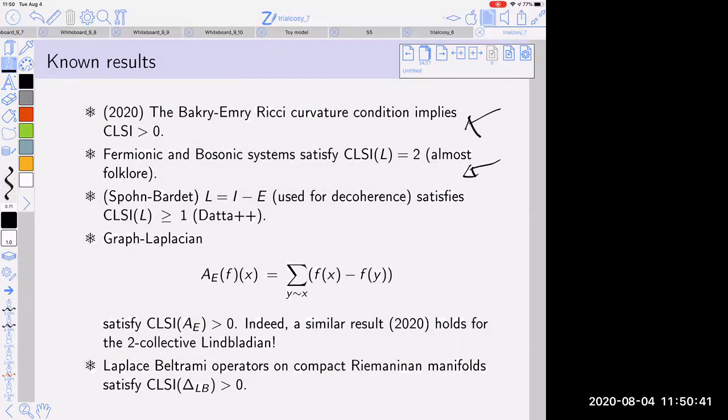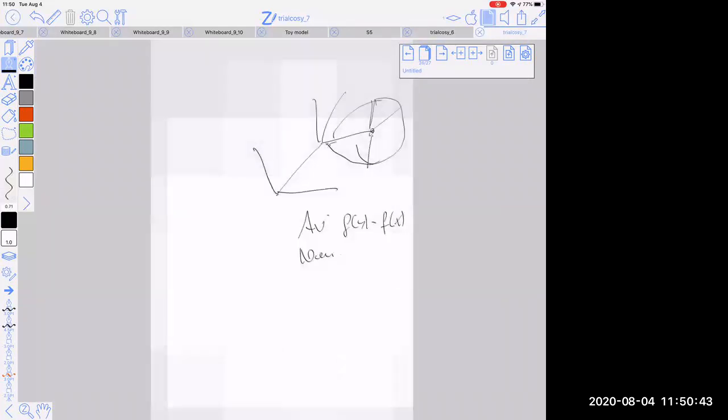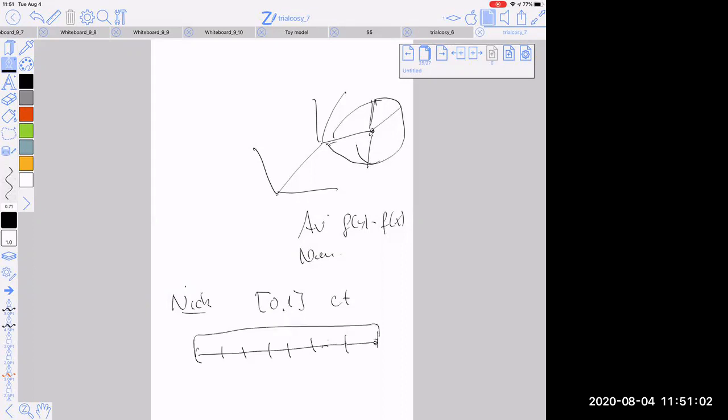The graph Laplacian is actually a nice result, because this idea goes back to Nick. We first prove it for the interval 0, 1 with some kind of continuous generator. Then we prove it for a line, a graph which is just given by a line, maybe even cyclically connected.